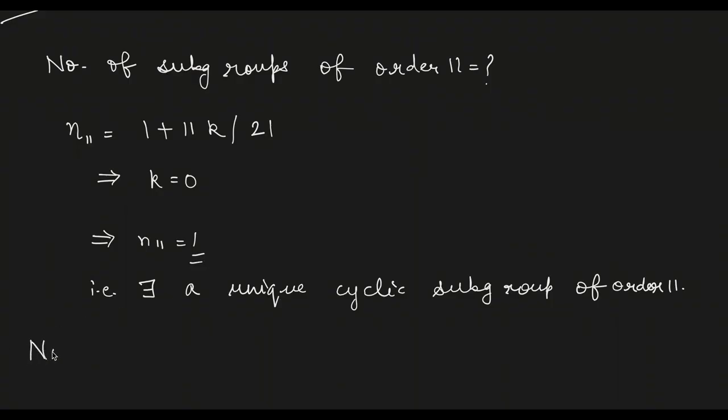Now the number of elements in a cyclic subgroup of order 11 is computed by using the Euler phi function, phi 11.